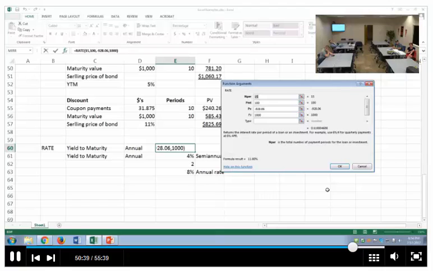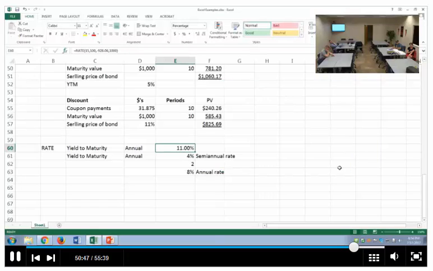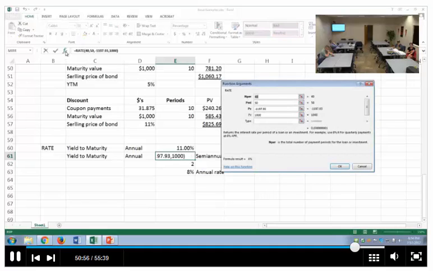Okay? All right. Now, but bonds are sold, you click OK. All right. But however, what if it's a semi-annual rate? All right. So what I have to do then is, if interest is paid semi-annually, I have to double the periods and halve the coupon.